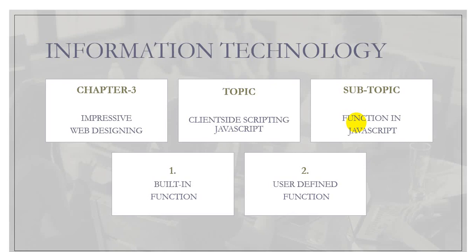We have to do n number of activities. If you say we have a function in college, it means we have n number of activities in the college also. So function is nothing but a set of activities which is to be performed to complete a certain thing, or to achieve our goal.